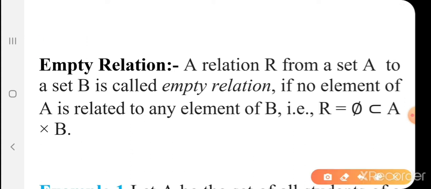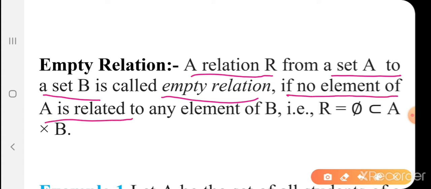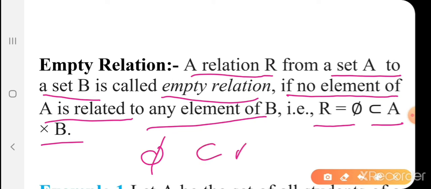A relation R from set A to set B is called empty relation or void relation or null relation if no element of A is related to any element of B, or R equal to phi, which is a subset of A cross B.